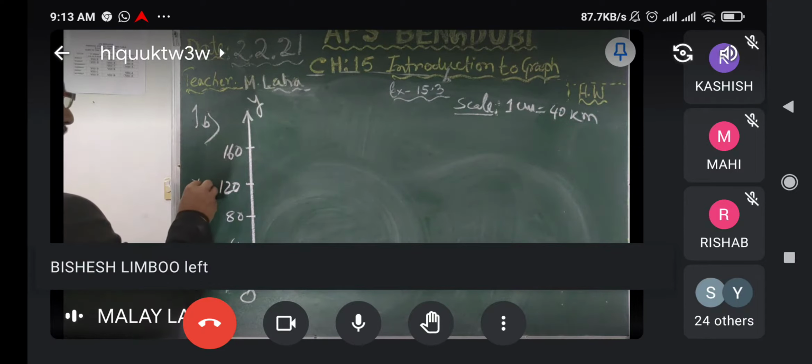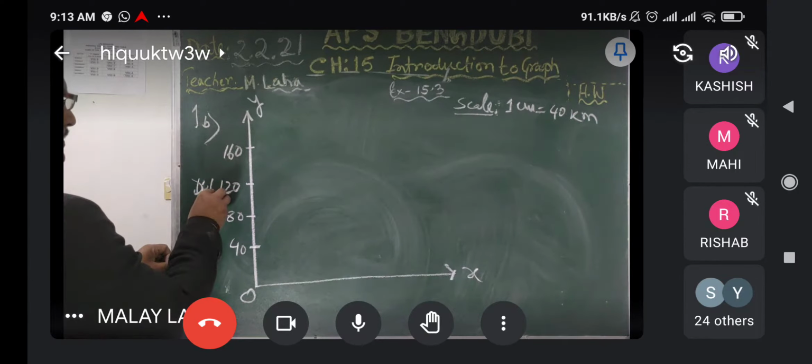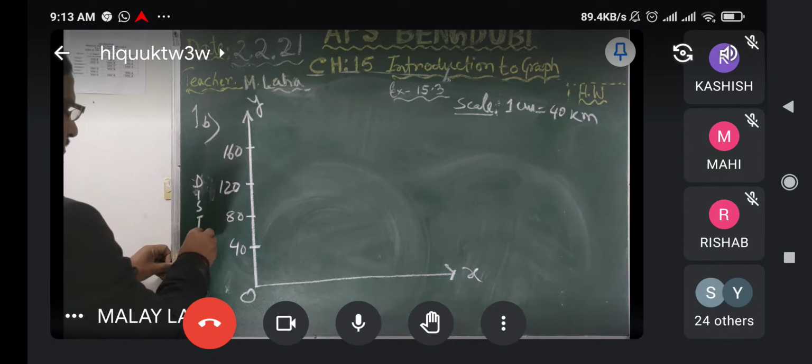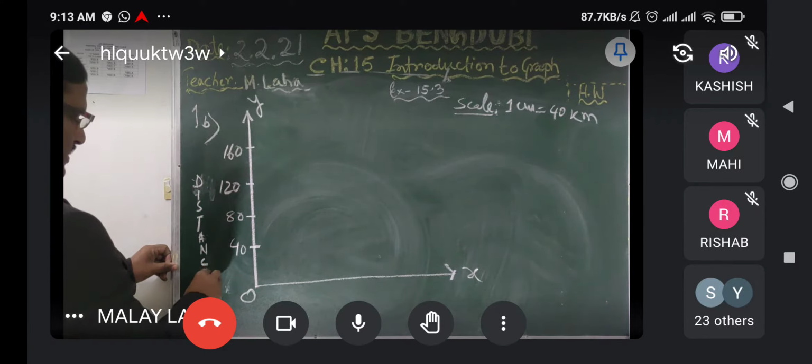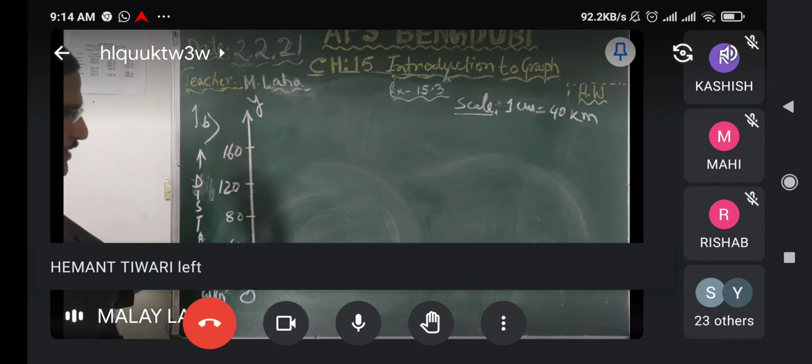For distance, you write down distance in kilometer, in km. This is distance in kilometer.